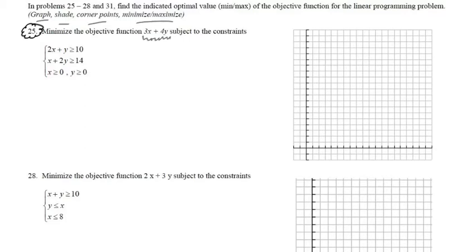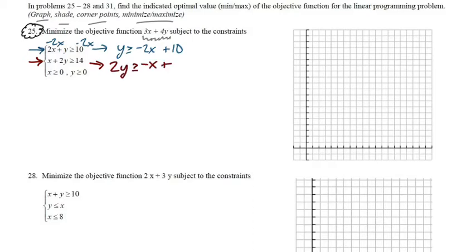So for starters here, let's take the first constraint and get y by itself. So subtract 2x on both sides and we get y is greater than or equal to negative 2x plus 10. And then keeping with my color coding scheme, the second constraint in red, let's subtract x on both sides, and we get 2y is greater than or equal to negative x plus 14.